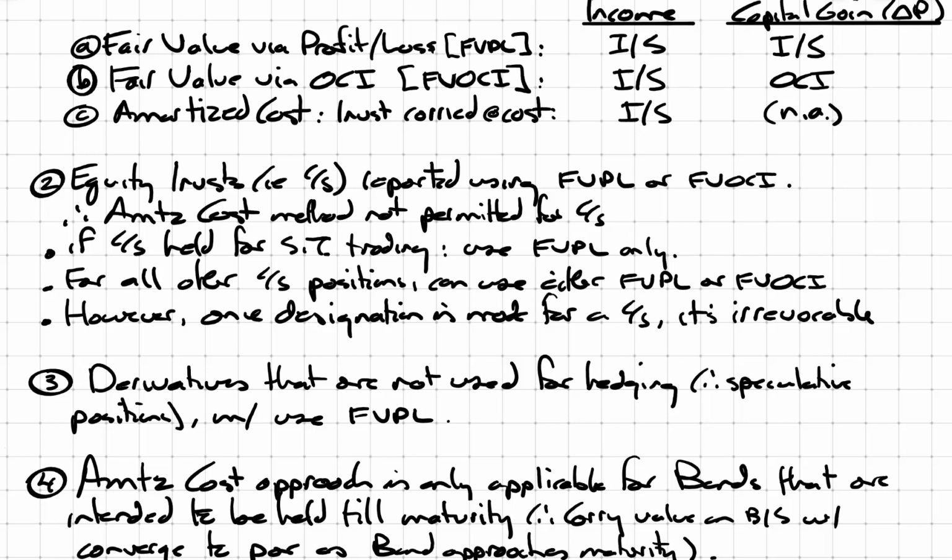But if the stock is being held for short term, then we have to use the P&L version of fair value. However, once a designation is made for a particular stock, you can't reverse that designation. So let's say you hold shares of Mega Corporation and you designate it as FVPL when you bought it, then you cannot change it to something else.